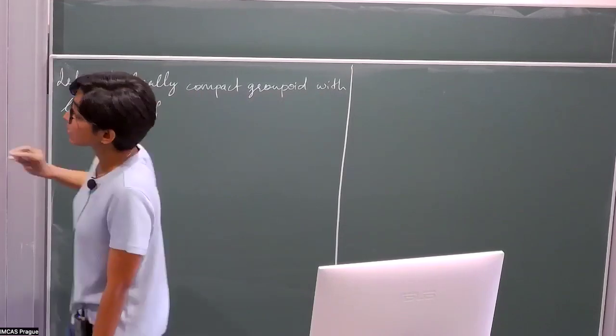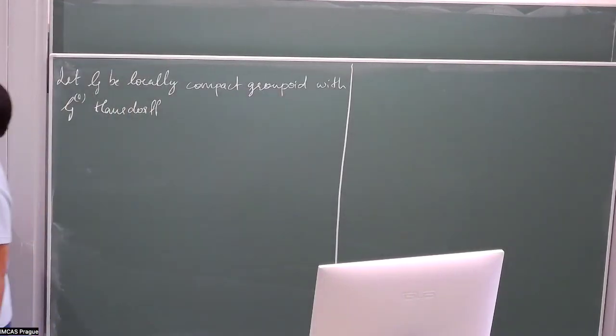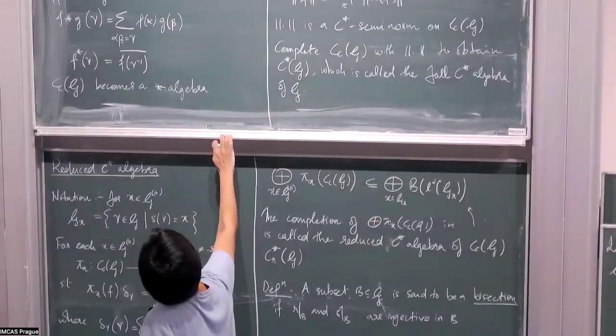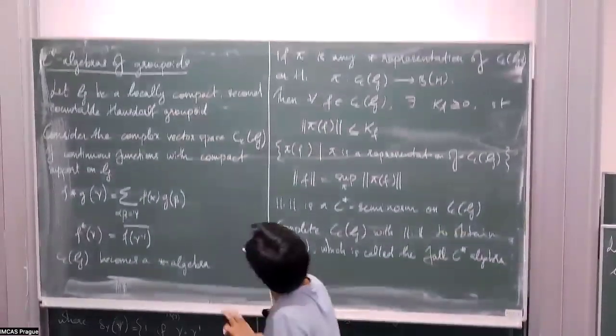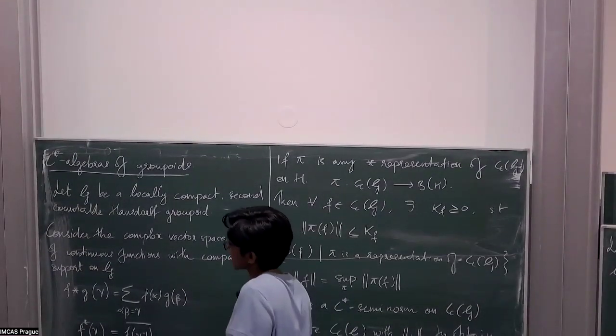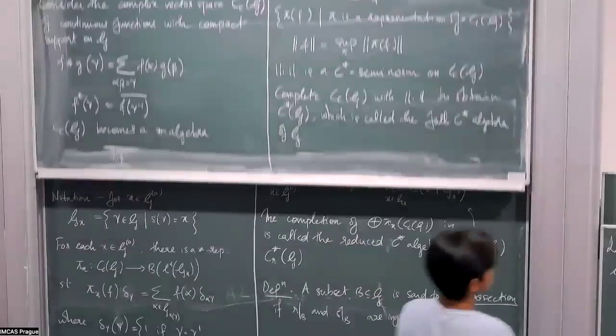Now we can carry out a similar construction, but instead of taking the complex vector space of the compactly supported functions in G, we take all the bisections.